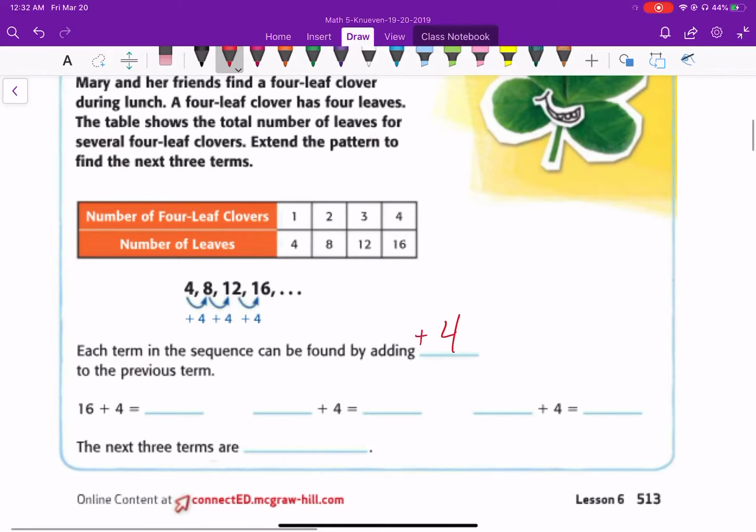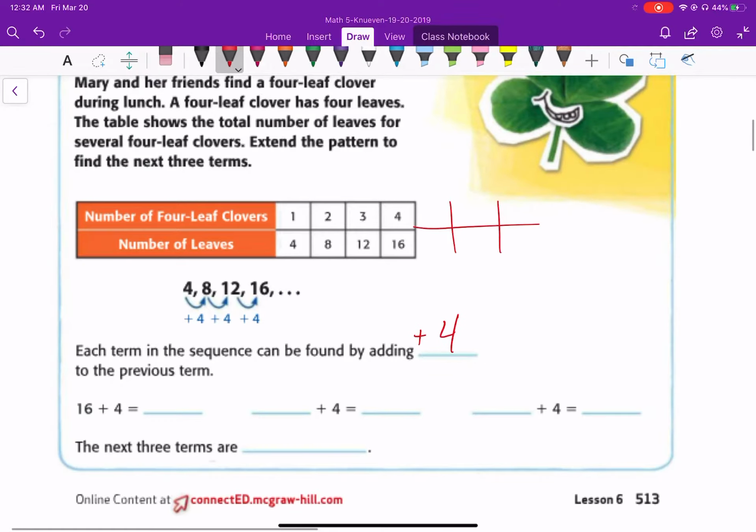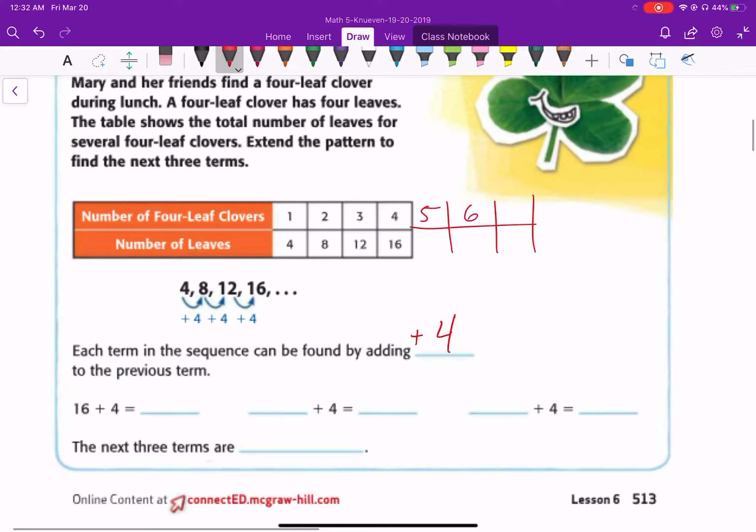It's pretty straightforward: I notice that I am adding 4. From 4 to 8, I get 8. Add 4 more, I get 12. Add 4 again, 16. If I were to extend our table to the fifth, sixth, and seventh terms, 16 plus 4 is 20. I take that and make that the starting point for the next term. 20 plus 4 is 24.